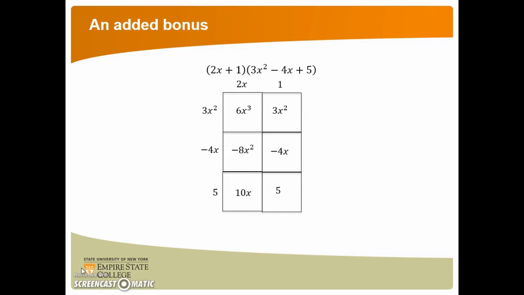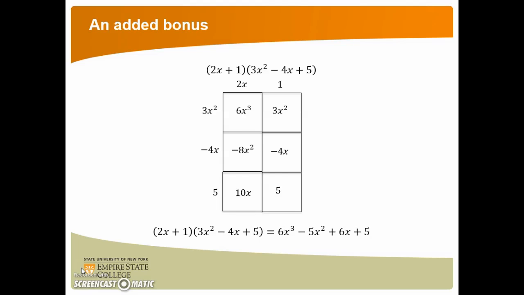Multiply. 3x squared times 2x gives 6x to the 3rd power. Negative 4x times 2x equals negative 8x squared. And 5 times 2x is 10x. The other column, we are just multiplying by 1, so we can fill in those spaces rather easily.